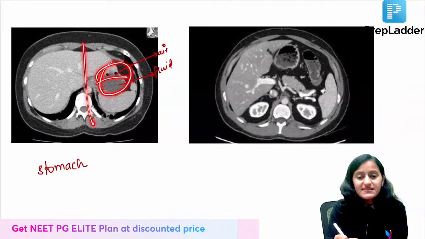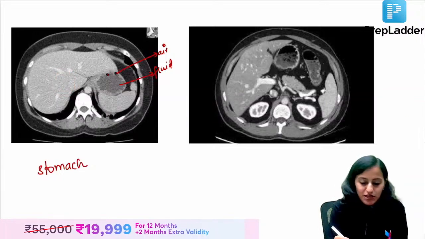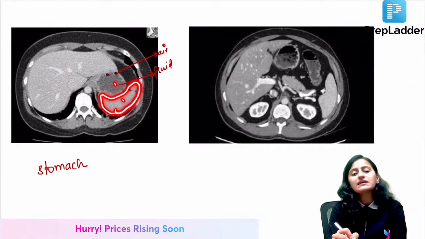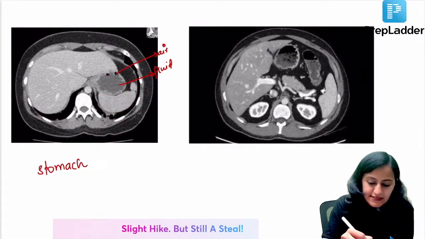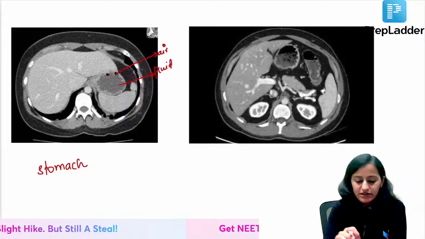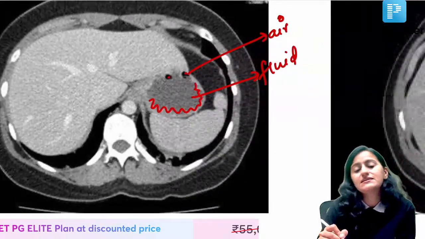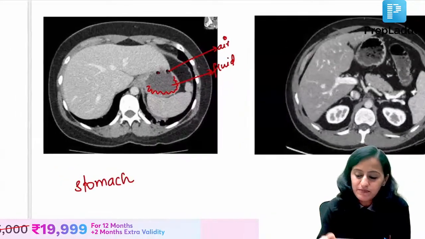This is the left side of the patient. It will not be gallbladder, gallbladder will be on the right side. You will not see air and fluid in the spleen. This is the spleen here behind the stomach on the left side. Kidney again is a solid organ. So remember, this is stomach here. If you look very carefully, you can see the rugae of the stomach also. So an air-fluid containing structure on the left side is going to be stomach.